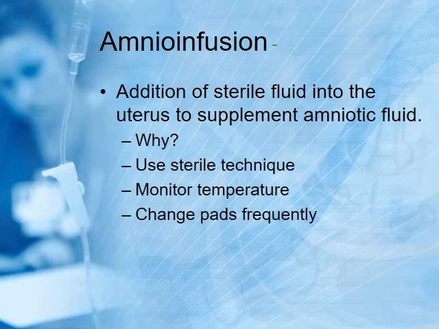Amnio infusions, I don't know if they're doing these too much anymore. They used to do these a lot to try to increase the amount of amniotic fluid to prevent cord compression. So if you've got low fluid and that cord is getting tightened, if they can put more fluid in there, and they do it with a Foley catheter, believe it or not, they put the tube in and they put in warm saline into the uterine cavity.